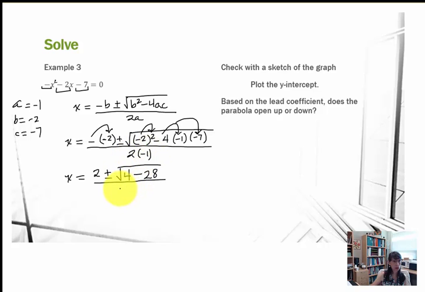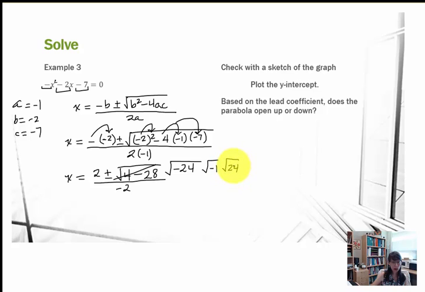Denominator, 2 times minus 1 is negative 2. Let's simplify under the radical now. 4 minus 28 is negative 24. Since we have that negative, we know that it's going to break into the factors of negative 1 and positive 24.